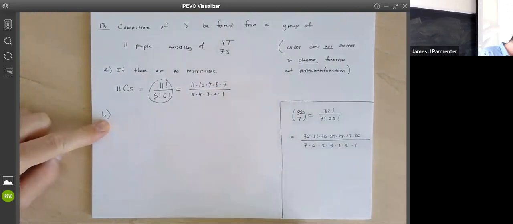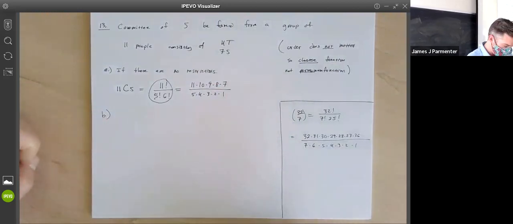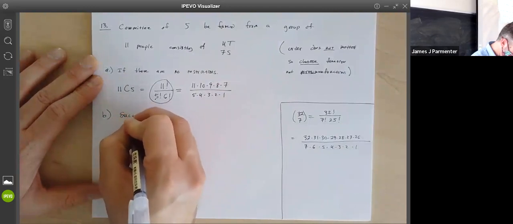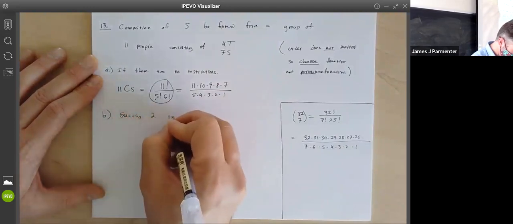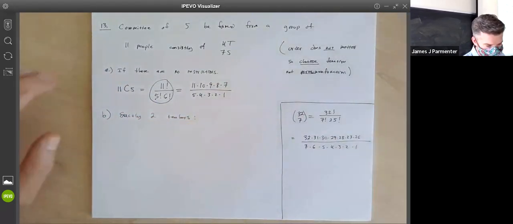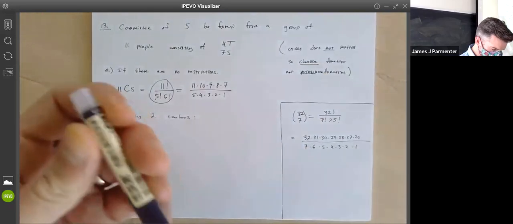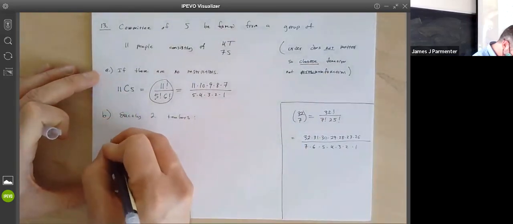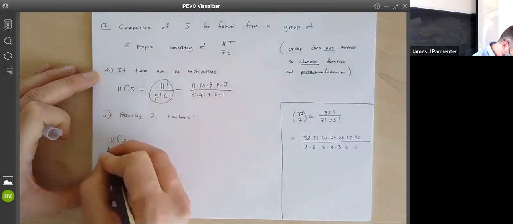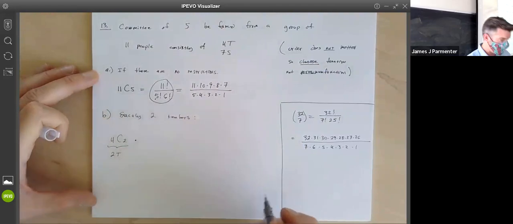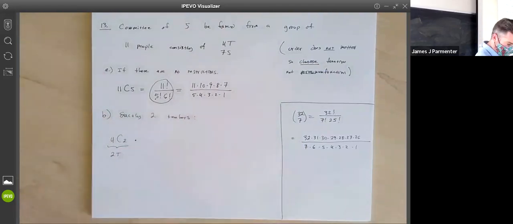Part B. The committee must include exactly 2 teachers. So exactly 2 teachers. All right. Well, there are 4 teachers and we're going to choose 2 of them. So we're going to do 4 choose 2 for the 2 teachers times, well, if there's 2 teachers and we want the committee to have 5 people, there better be 3 students.